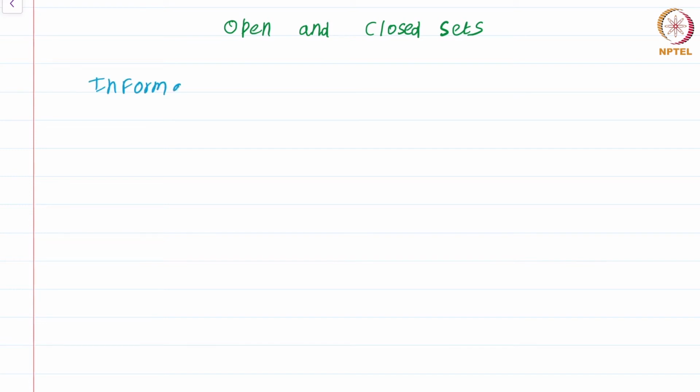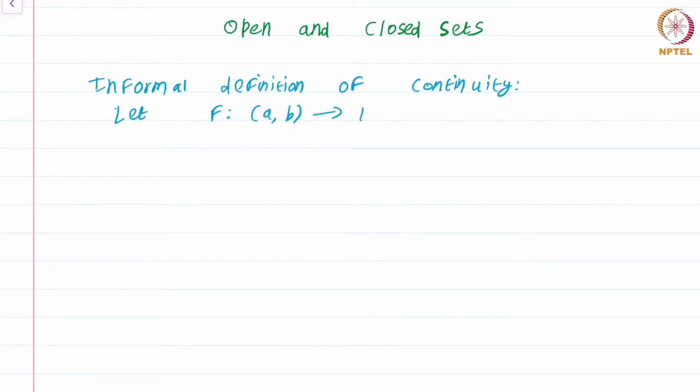Informal definition of continuity. So we take a function f from the open interval (a, b) to the real numbers. We fix a point x in that interval.